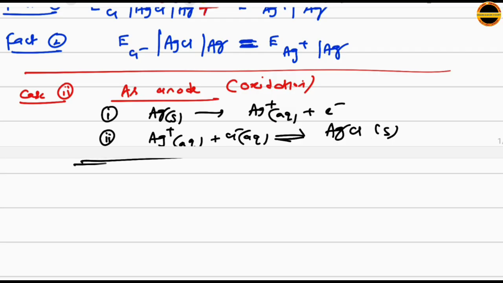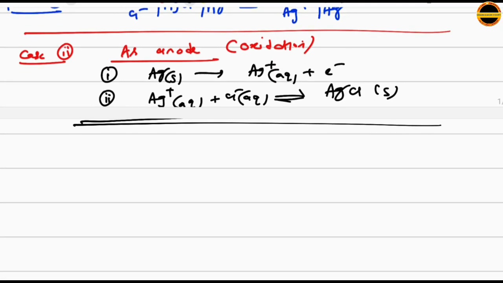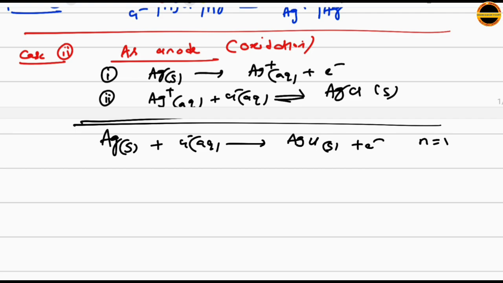If we join both, the net cell reaction at anode is Ag solid plus Cl minus aqueous giving AgCl plus electron, where n is equal to 1. This is important for advanced exams. See the combination here. Remember the overall net cell reaction in both cases, anode as well as cathode.